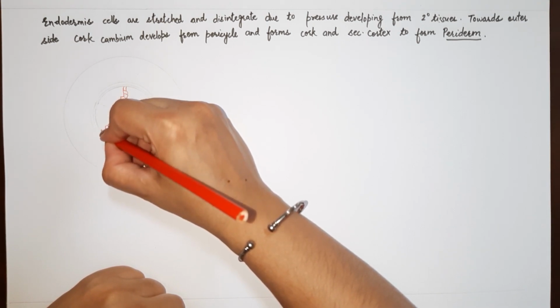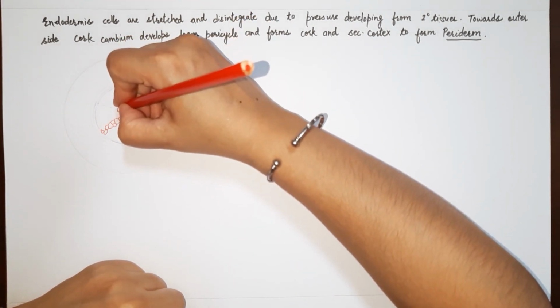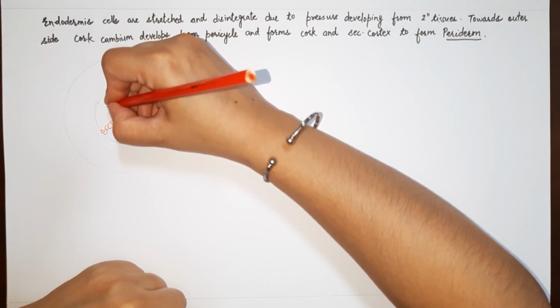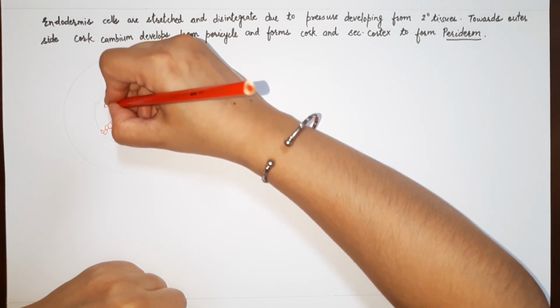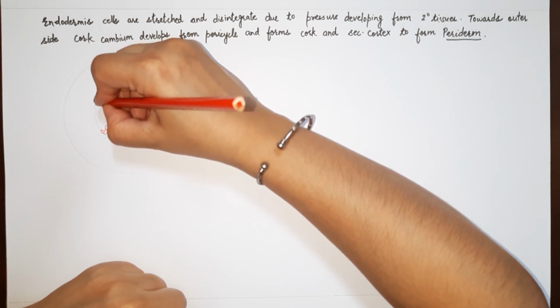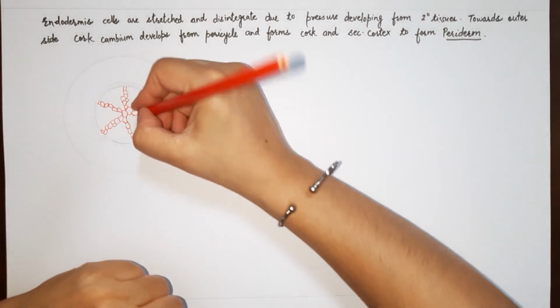They may be slightly out of the line, okay. It is not necessary to make perfectly straight elements because they are not so in the original root.